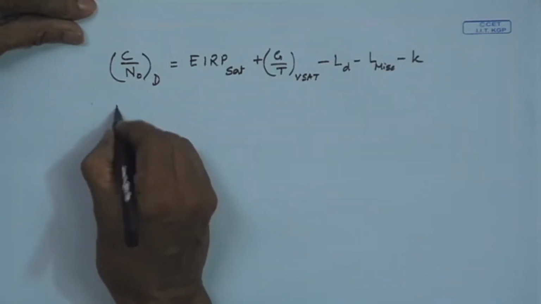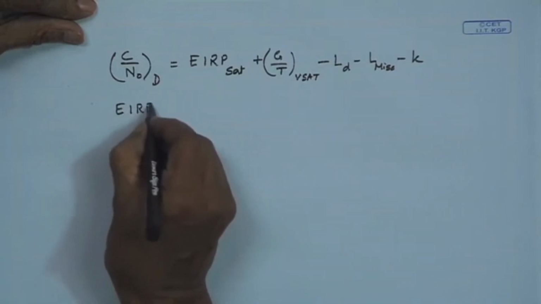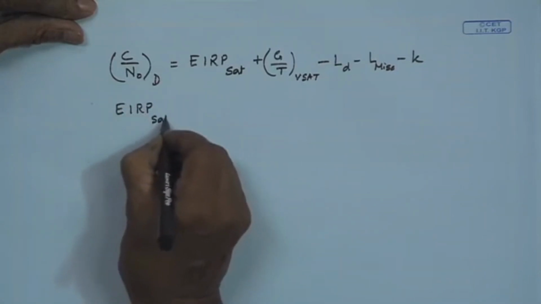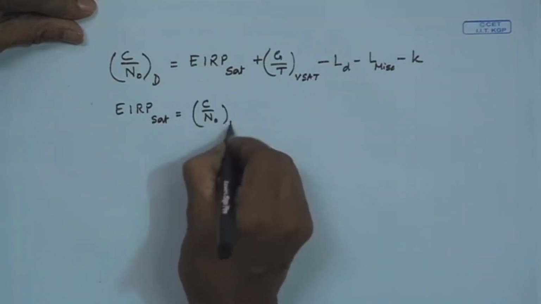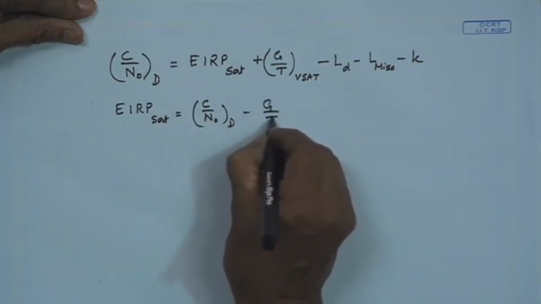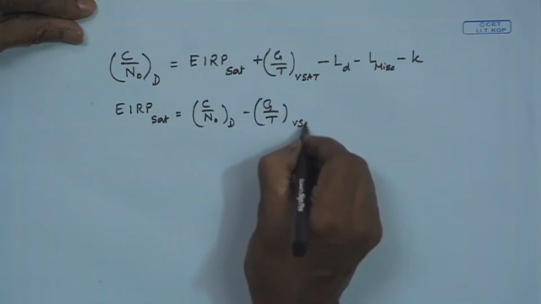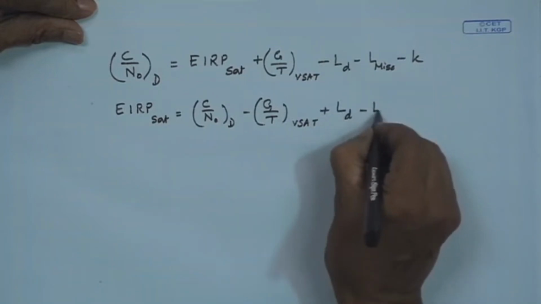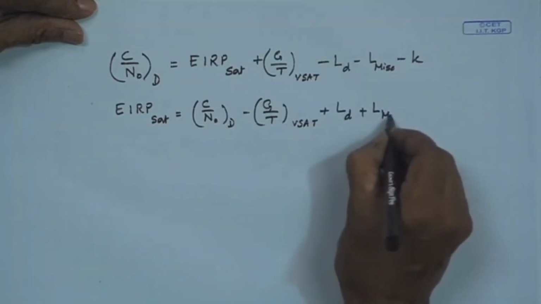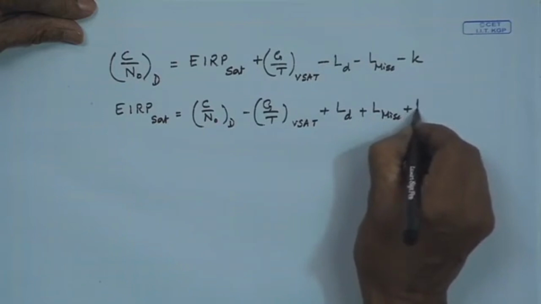Therefore EIRP of the satellite is C by N naught down minus G by T of VSAT plus path loss in the downlink plus miscellaneous loss plus k.